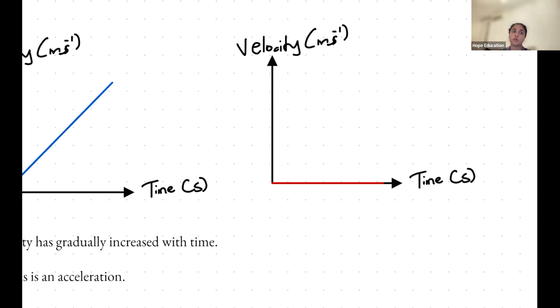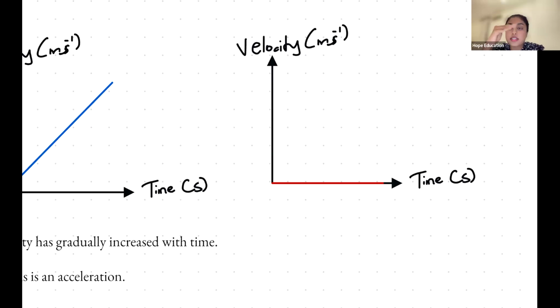Quickly tell, this is quite obvious. The object is at rest. Yes. The object is at rest.